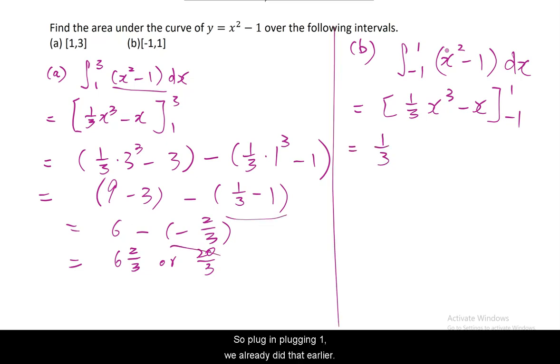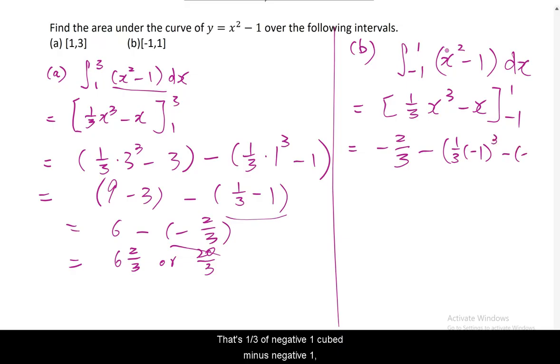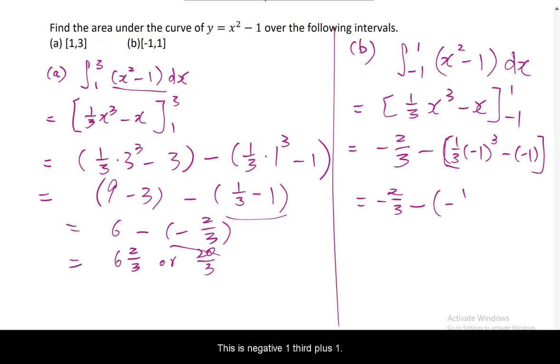So plug in 1. We already did that earlier. That's -2/3. Then minus, plug in -1 this time. That's 1/3 of -1 cubed minus -1. So -2/3 minus, this is -1/3 plus 1.